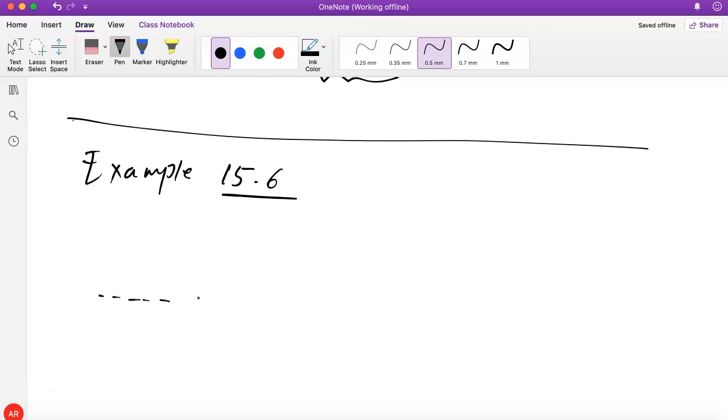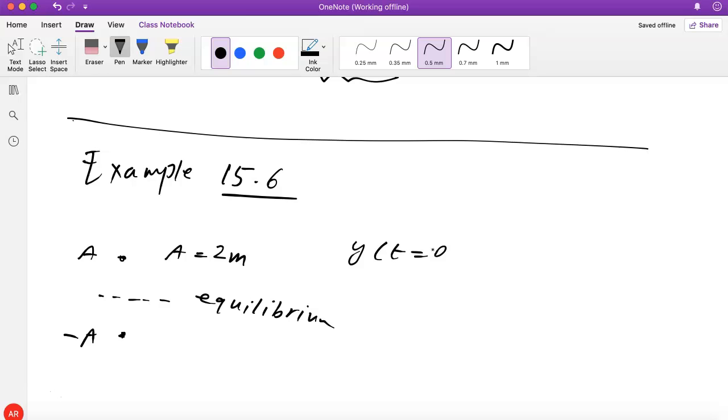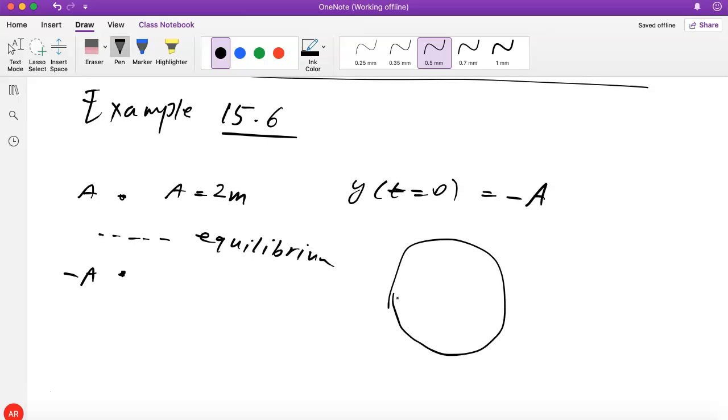So let's say that's the equilibrium position. And then you oscillate between minus A and A, where A we found is 2 meters. So initially you're here, right? y of t equals 0 is minus A. Okay, so going back to our circle, we're here.